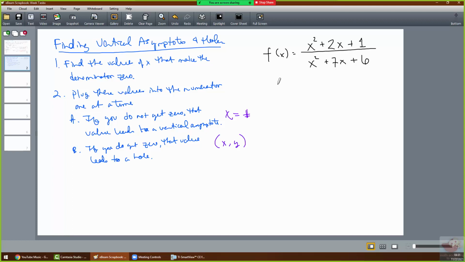Okay. So step 1, we will determine the values that make the denominator 0. In other words, we're finding the numbers that aren't in the domain. So we're going to put x squared plus 7x plus 6 equal to 0. How doth that factor?